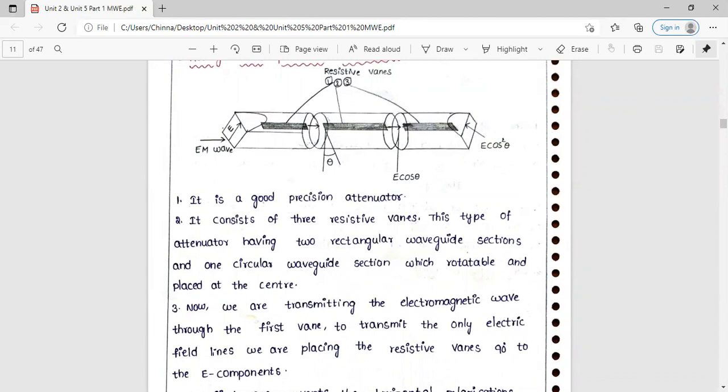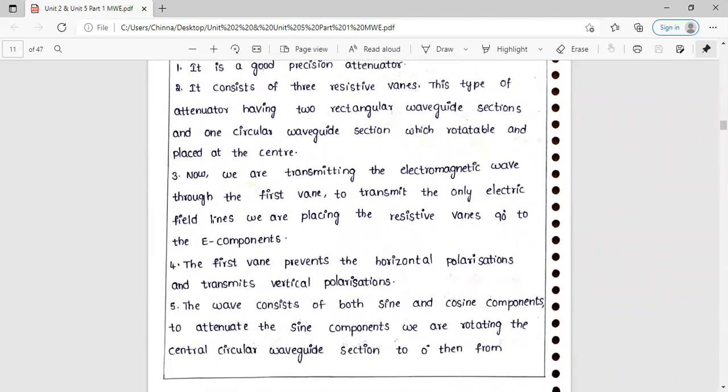Whenever the EM wave enters the vane, due to the resistive vane, the 90 degrees E component will be obtained. So whenever it reaches here, the first vane prevents the horizontal polarization and transmits the vertical polarization.